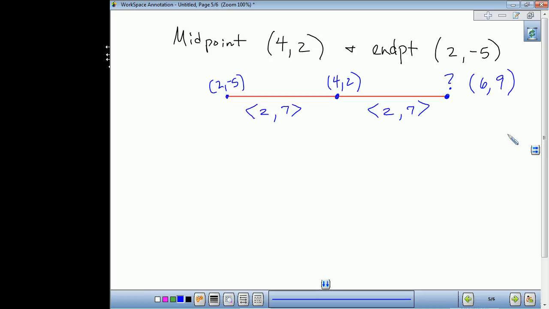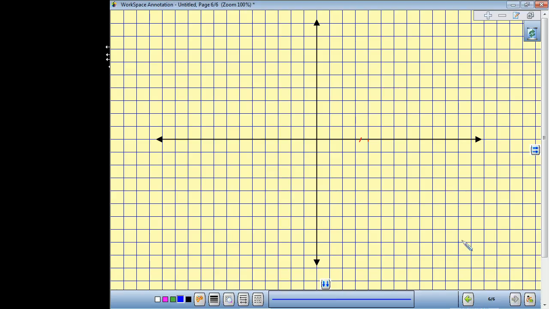Okay, so let's think about this same problem on a graph. All right. So my first point was (2, -5). That was one endpoint. And my midpoint was the point (4, 2).